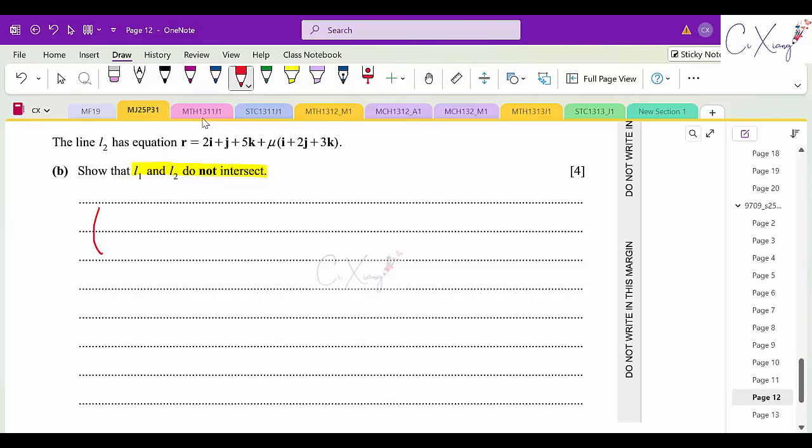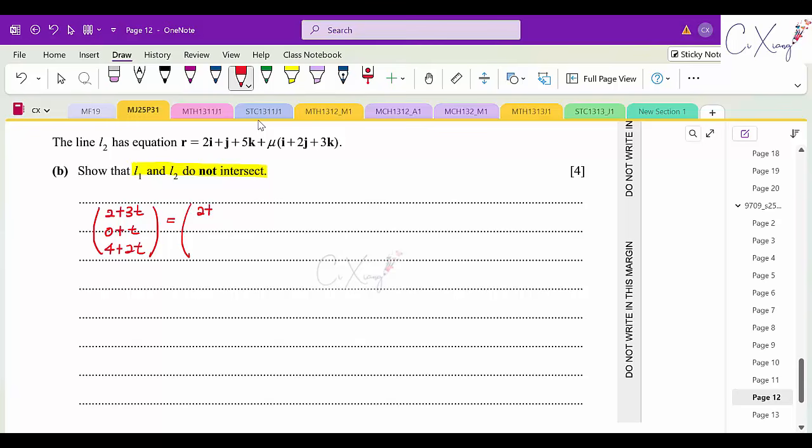Same thing happens here. I let equation L1, the vector equation that we got just now, which is 2 plus 3t, then 0 plus 1t, and also 4 plus 2t, equal the equation of line 2. What's the equation for line 2? It is provided here.